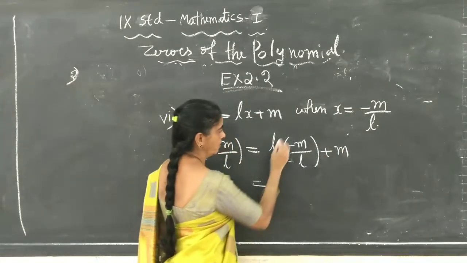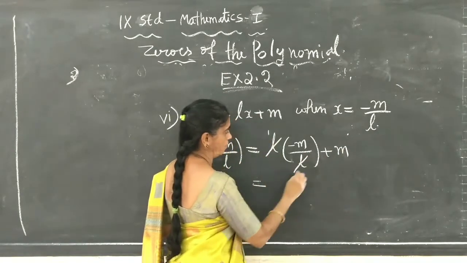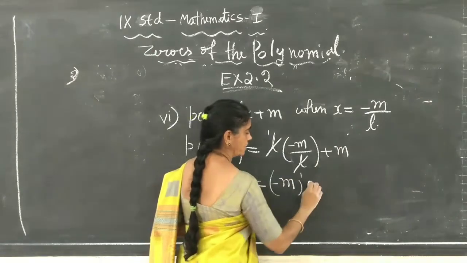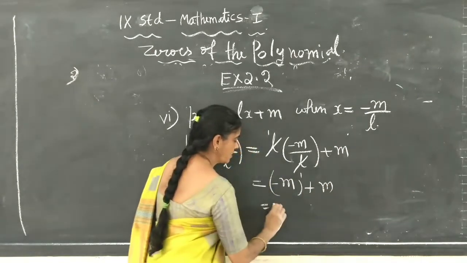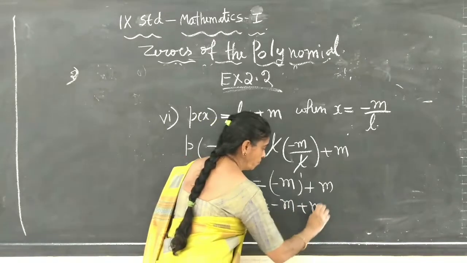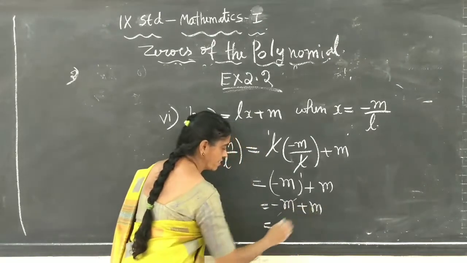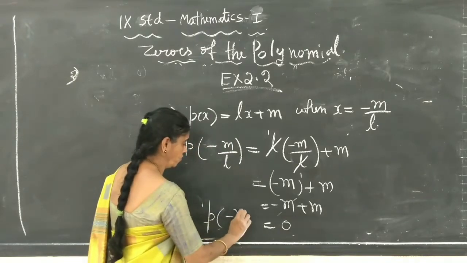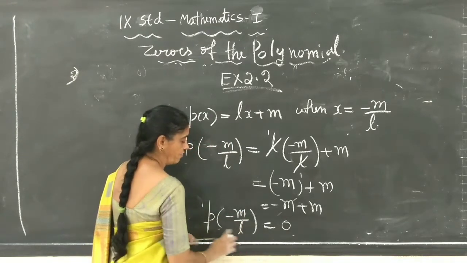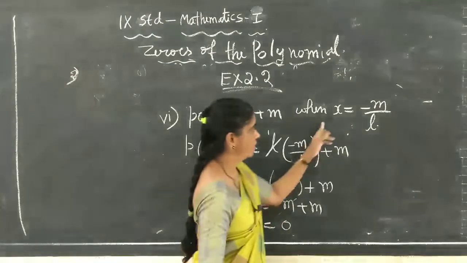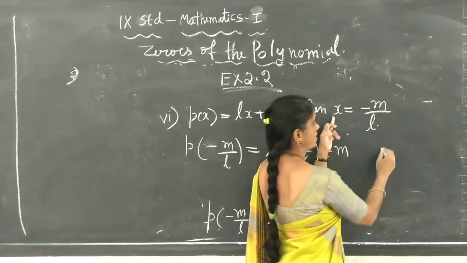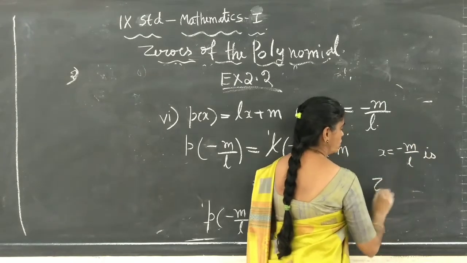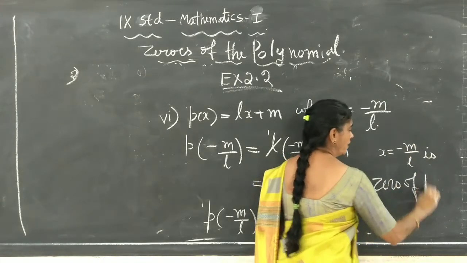L will cancel, L one time, you will get minus m, and here it is plus m. Minus m and plus m, how much? It cancels, 0. So the polynomial at the value minus m by L, we got 0. So x is equal to minus m by L is a 0 of the polynomial.